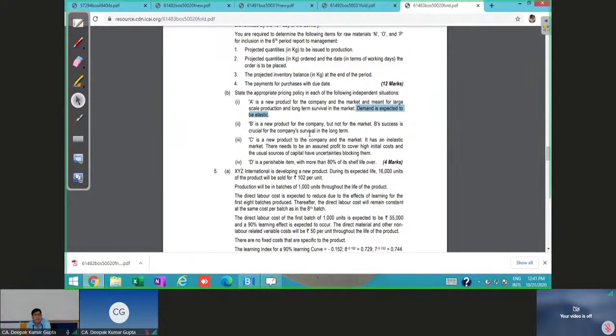Then in that case we have to follow a skimming pricing policy. D is a perishable item, with more than 80% of the shelf life over. If the product is perishable, then we can sell it at any cash realizable value.